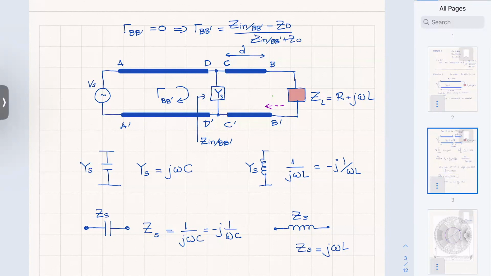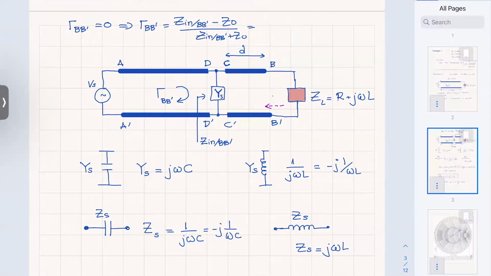If I were to change that into admittances, how would it go? An admittance is the inverse of these impedances. The equivalent would have been Y0 minus Y input at BB prime over Y0 plus Y input at BB prime.